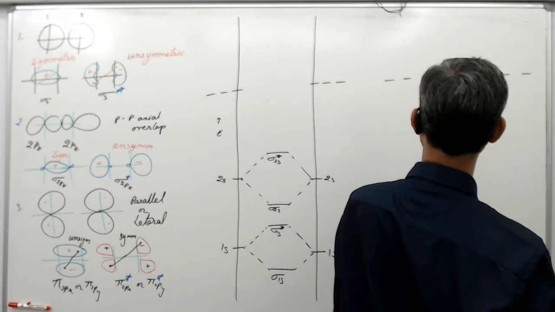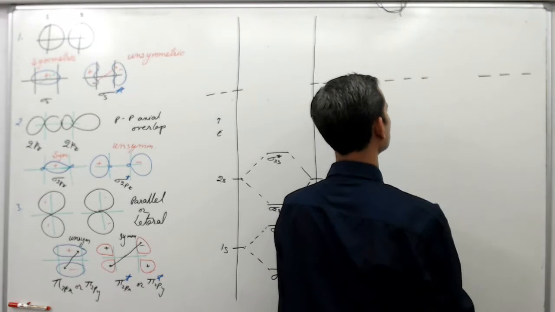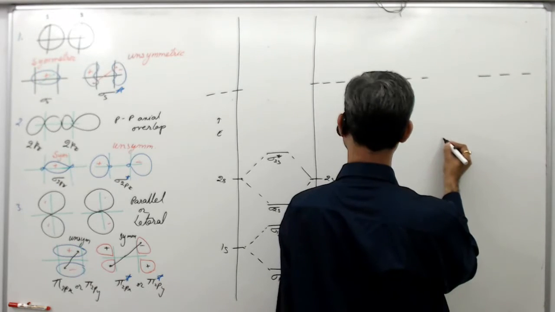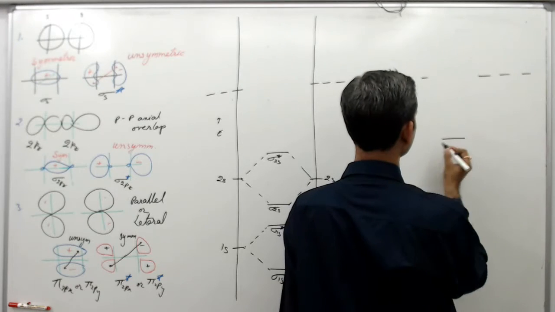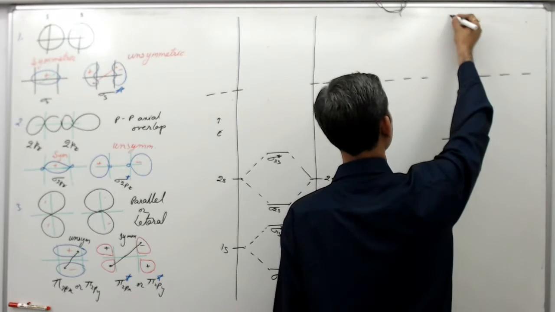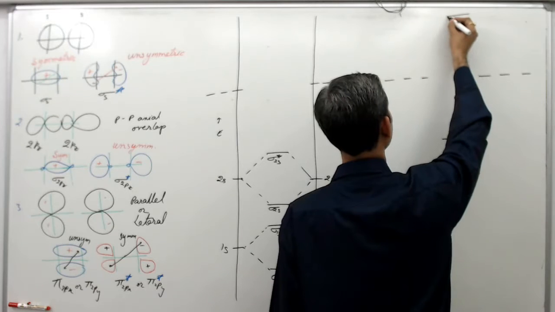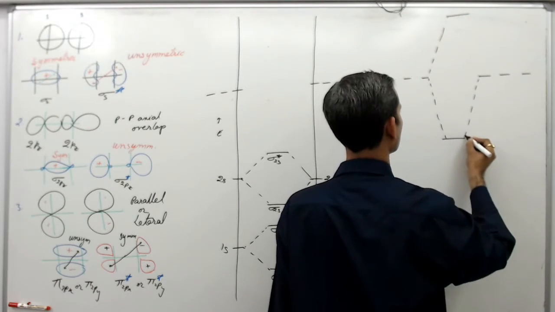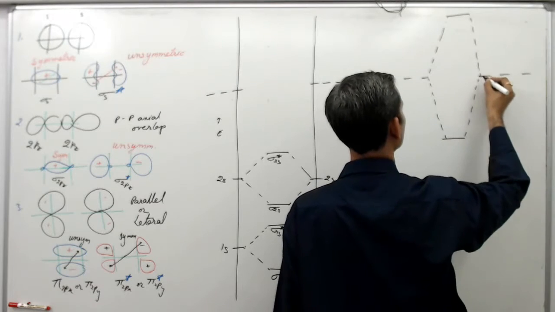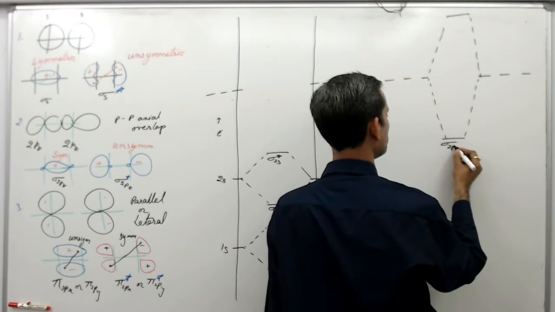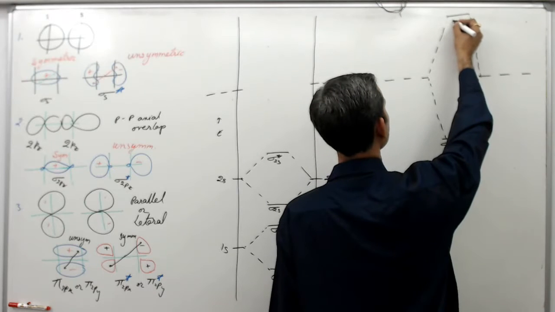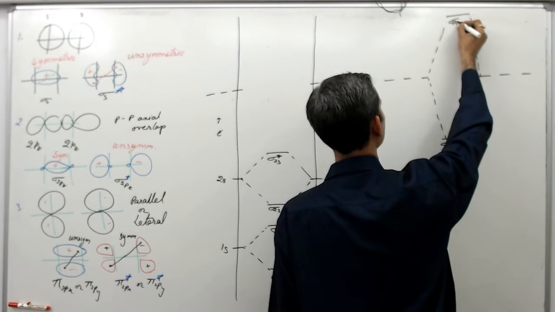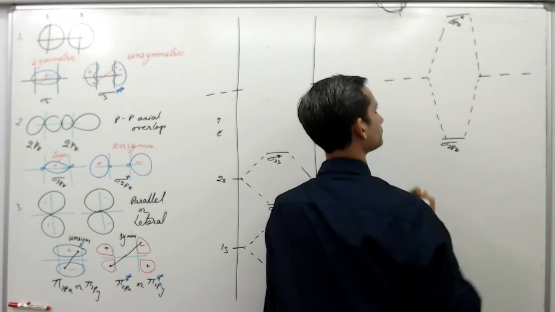When the sigma orbital formation is taking place, the orbital fall should be an extremely high one. The rise also should be an extremely high one. This is going to be the sigma 2pz. This is sigma 2pz star.